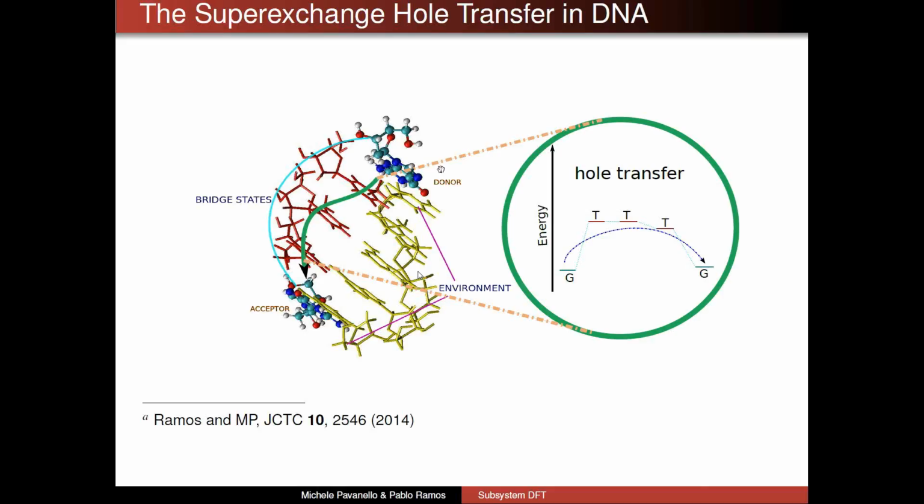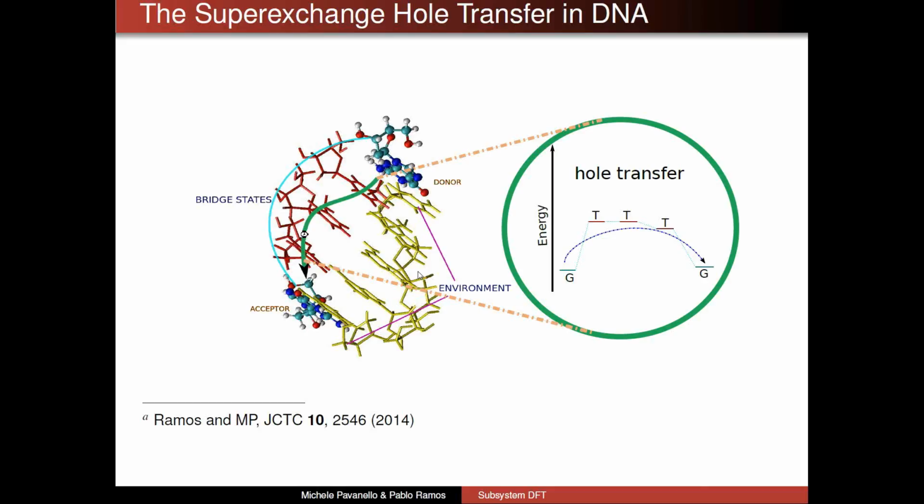Another way is what you suggest, by including only, say, densities evaluated for isolated fragments. So you can put isolated fragments here, and then compute the electronic structure of the donor plus in the presence of those densities of isolated fragments in the environment.